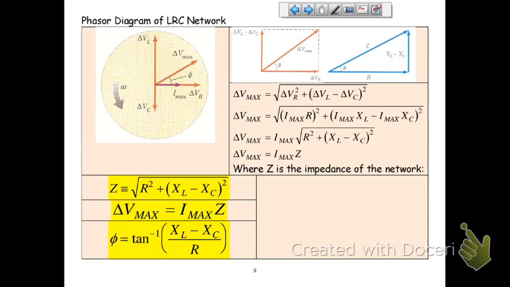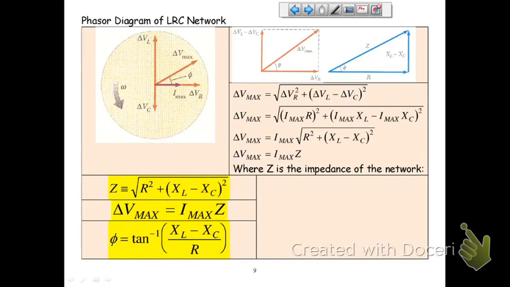My delta VL is 90 degrees ahead in phasor space of my delta VR, which is 90 degrees ahead of my delta VC. So I can get a zero value, because two non-zero things oppose each other. I'm not arithmetically adding them up, I'm vectorially adding them up in phasor space.